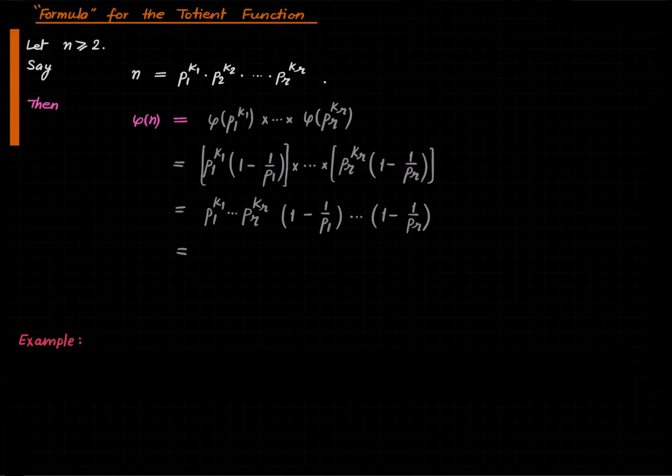But what is the first term? The first term is n itself. So if you know the set of primes that divide n, then phi of n is n times this particular number that depends only on the set of primes that divide n.